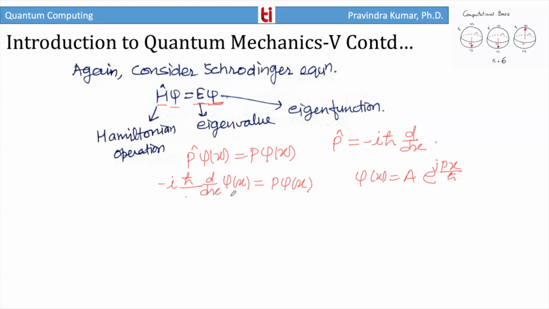So from here I can write d by dx psi(x) equal to i p by h bar psi(x). Here p is the eigenvalue, the momentum of the particle. So if the operator is the momentum operator P, then the eigenvalue will be the momentum of the particle of the system.